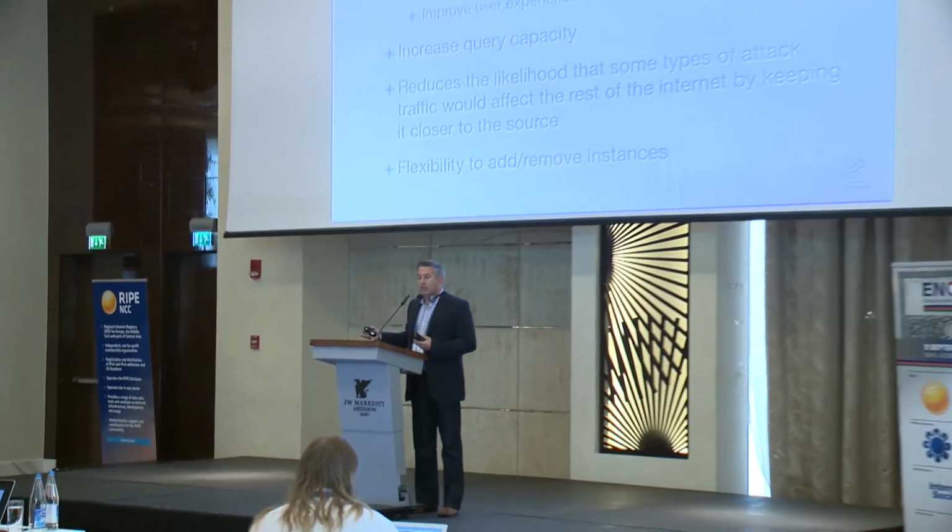We operate LRoot, which is one of the 13 root servers, and ICANN operates this as a globally distributed cloud network. We do this with over 150 instances dispersed worldwide, and this allows the response time to be much faster.